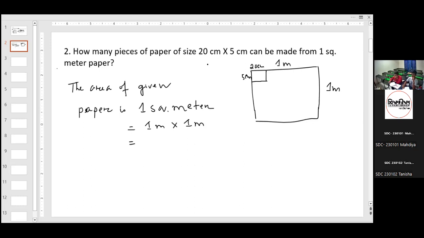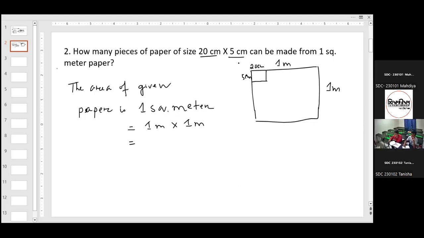So as we have the small piece of paper will be of centimeter scale, we convert this scale again, 100 centimeter multiplied by 100 centimeter, right?